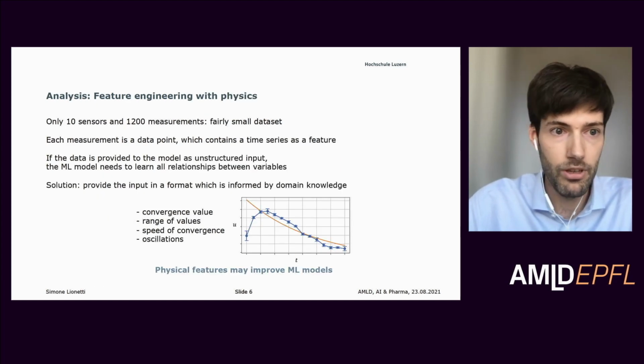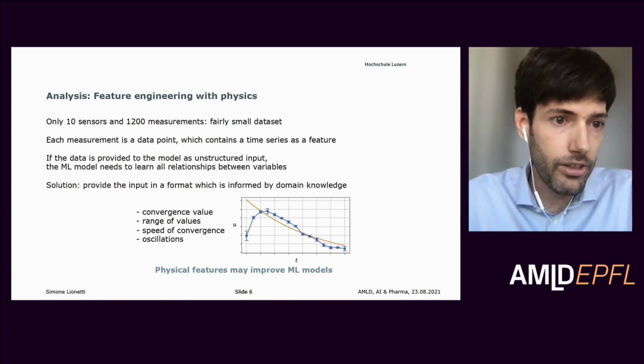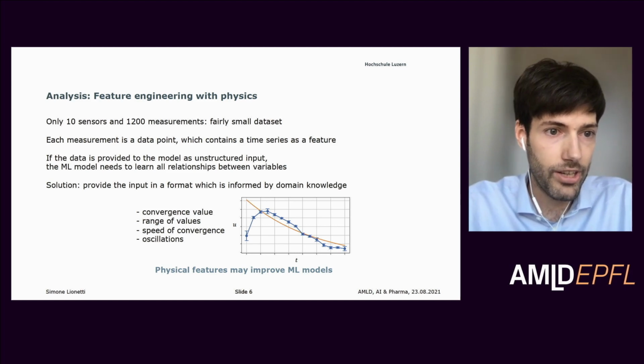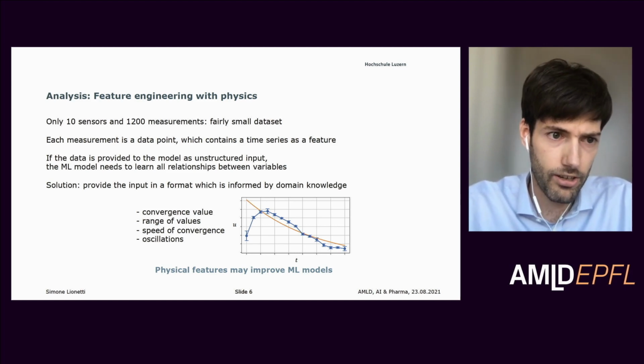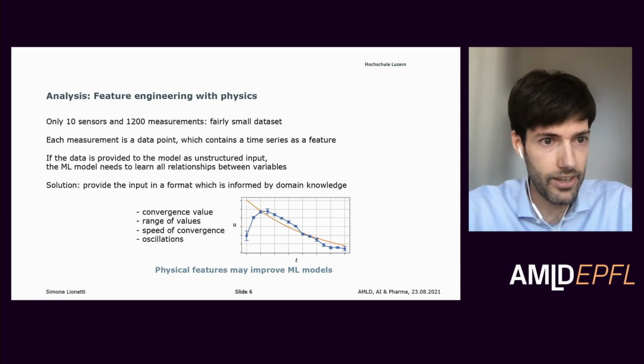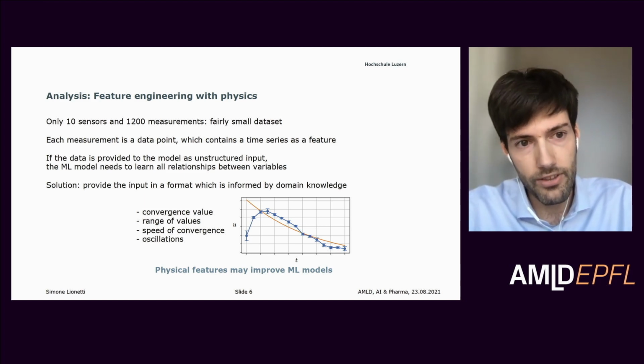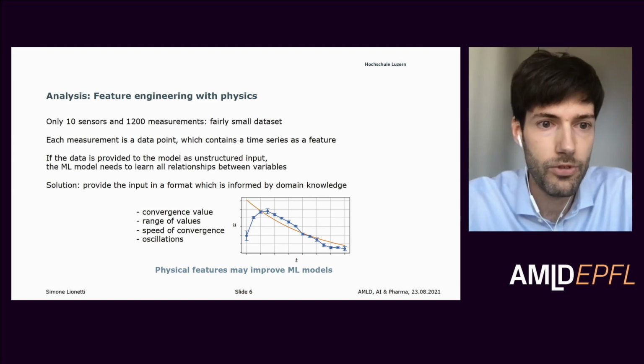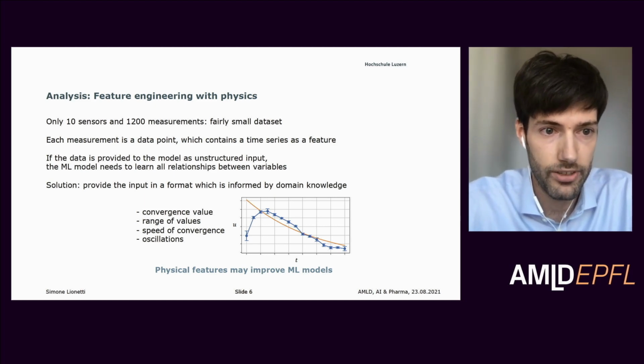Now, with this background, we can go back to our data and start our analysis. First of all, I want to point out that this data set only contains data from 10 sensors and 1,200 measurements. In terms of machine learning, this is a fairly small data set.